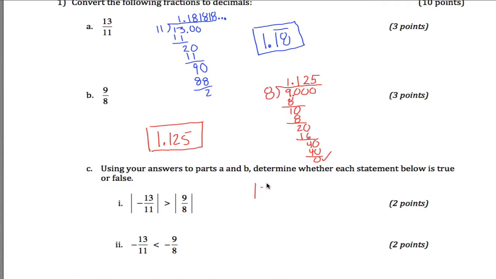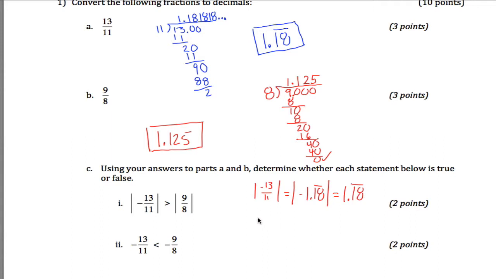The absolute value of negative 13 elevenths is the same as the absolute value of negative 1.18 repeating. That's what we figured out above. And the absolute value of negative 1.18 repeating is just 1.18 repeating.